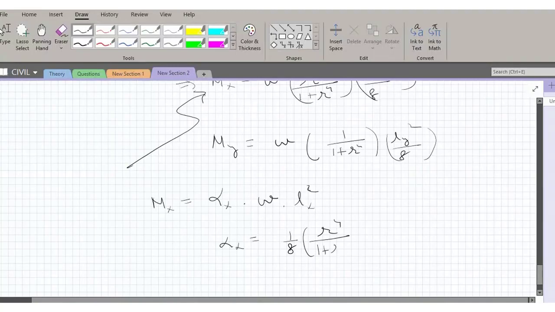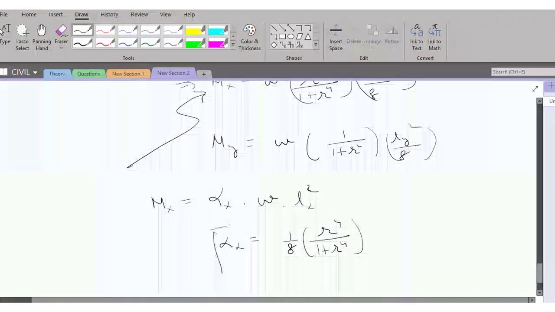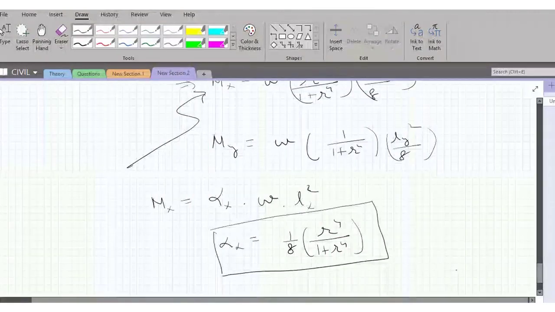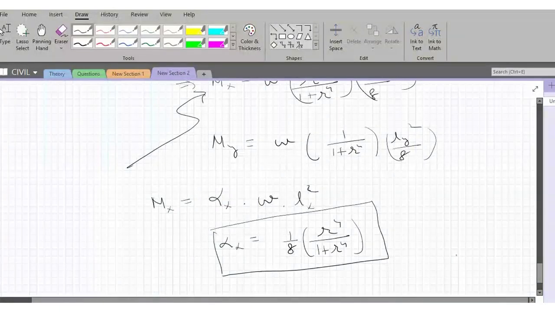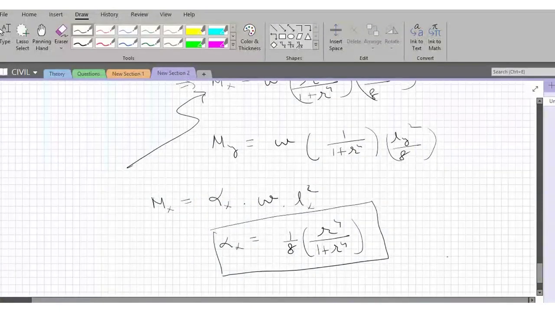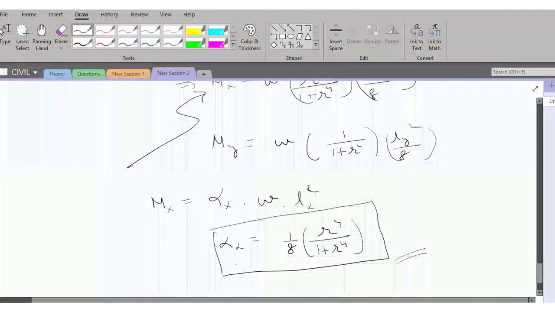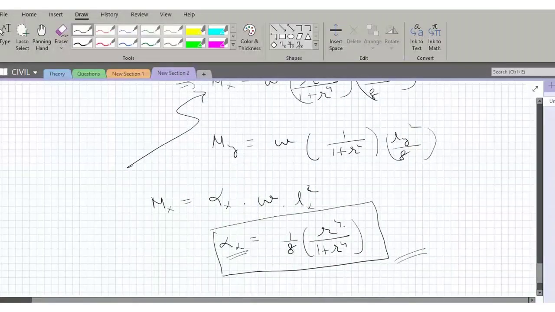This is the value of alpha x for a simply supported slab without restraining the corner, because if I restrain the corner, this equation will not be applicable. However, I'm giving you an idea of how those coefficients have come.